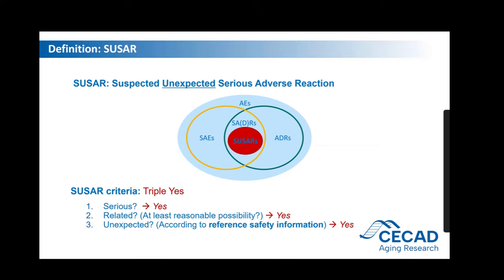But it becomes dangerous if we see some reaction happening that we don't know about. Whenever we see such an event that has not been listed there and which is serious, it's considered a SUSAR, a suspected unexpected serious adverse reaction, which requires immediate action to protect other trial subjects.